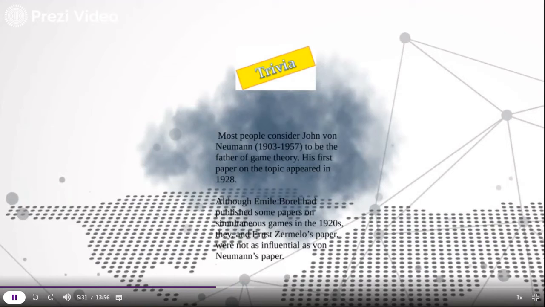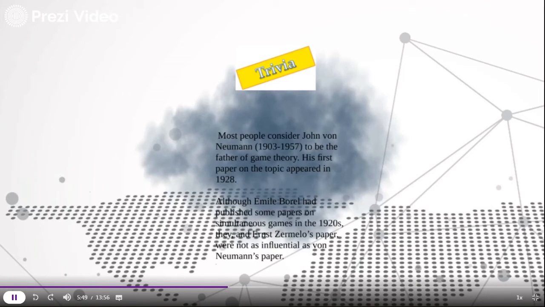So now let's move into the trivia section. When you talk about game theory, what comes to our mind first? Most of us think that von Neumann must have been the father of game theory, because his paper on game theory was first published in the year 1928.